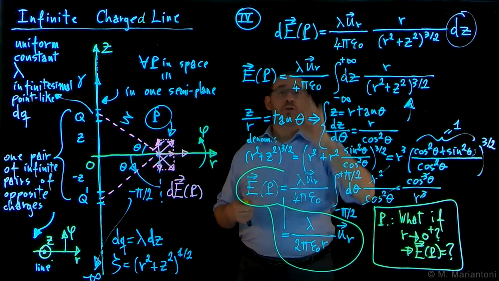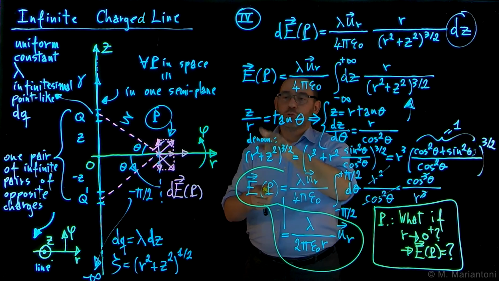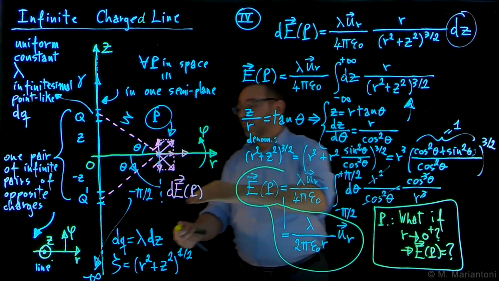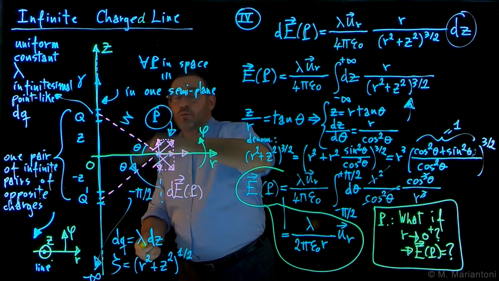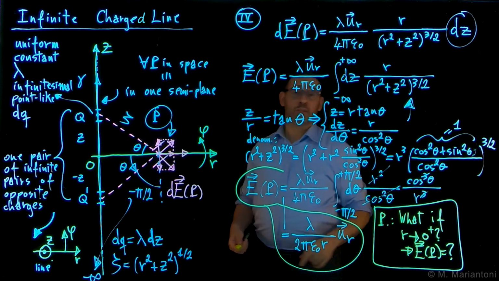And eventually we need to use the superposition principle to integrate with the trigonometric substitution z over r equal tangent theta. Keep in mind that from minus to plus infinite becomes from minus to plus pi over 2, and we obtain the 1 over r dependence which we wanted.